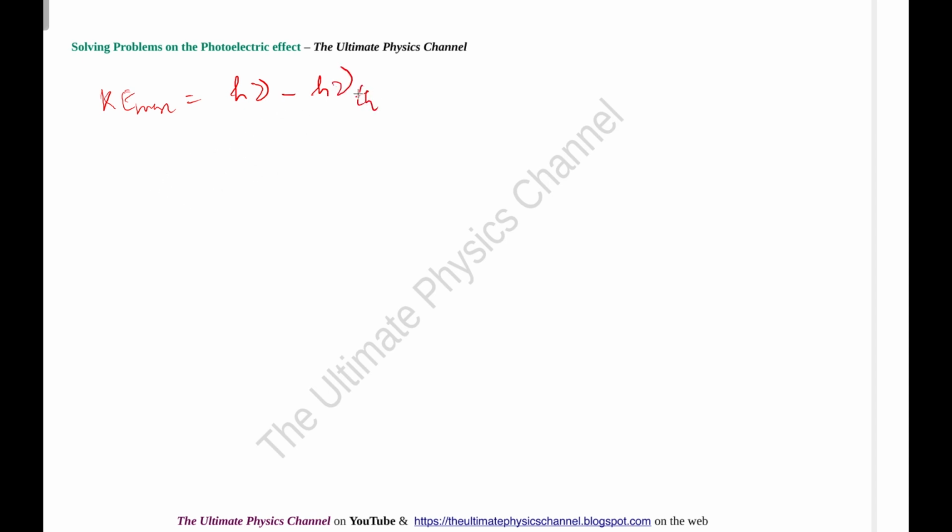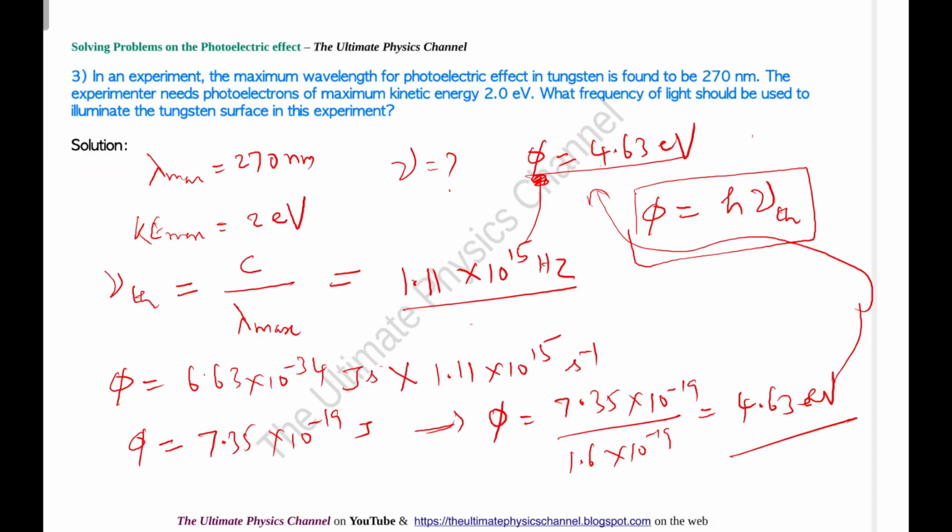Of course, this is h nu minus phi, so we can write it like this also. Now we want the frequency value, so we take h nu to one side, and then we have Ke max plus h nu threshold on the other side. The maximum kinetic energy is provided in the data as 2 eV.